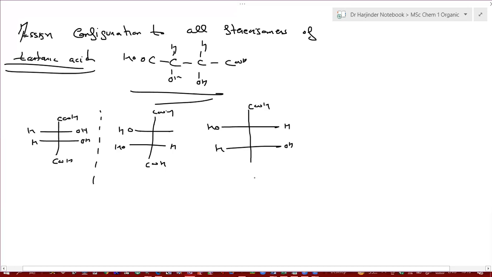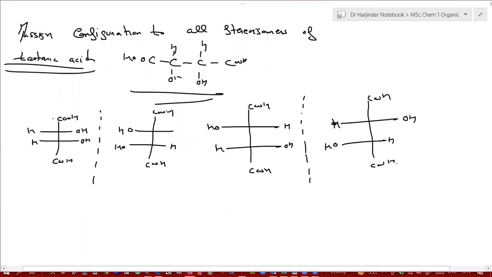And what will be the fourth stereoisomer? Reverse it, it's the mirror image. Now write down the configuration over all chiral carbons.